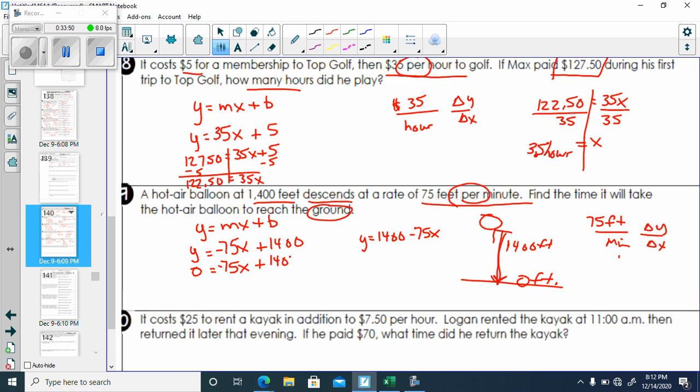I need the x, which is what? The number of minutes. Okay, so I'm going to subtract 1,400 from both sides. Negative 1,400 is equal to negative 75x. Now let's divide both sides by negative 75.